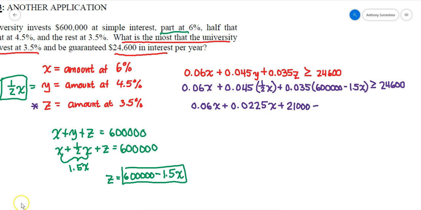Negative 1.5 times 0.035 is 0.0525x, greater than or equal to 24,600.